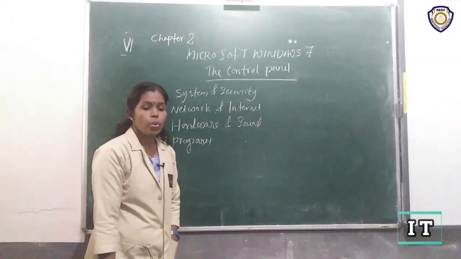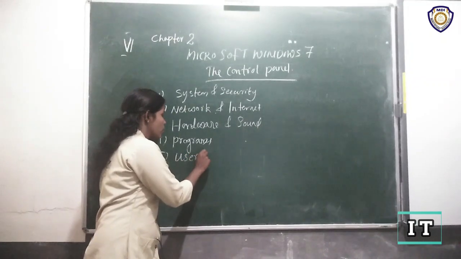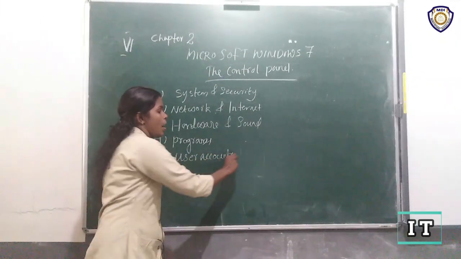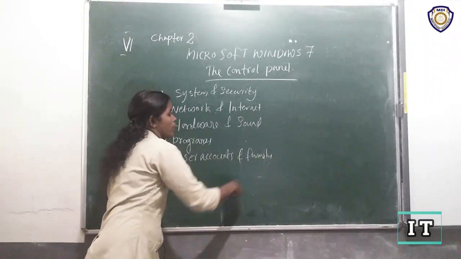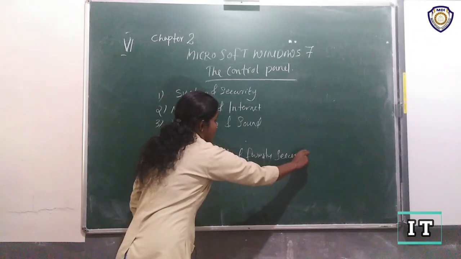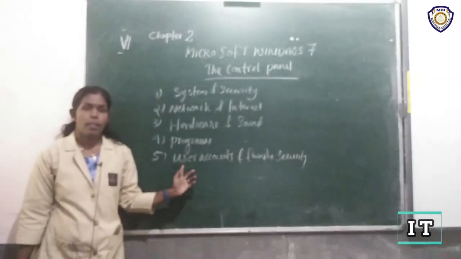Next, the fifth one, user accounts and family security.